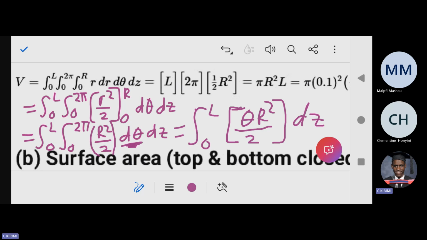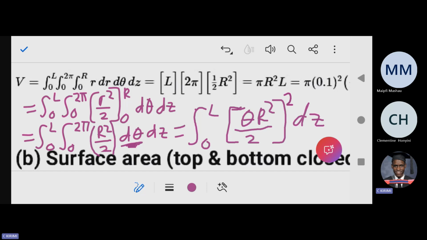So now integrate theta r squared over 2 with respect to z. What do you get? If you have understood, we want to replace now the integral, whereby I must substitute the limits L and 0. And here I have to substitute the limits 2 pi and 0.